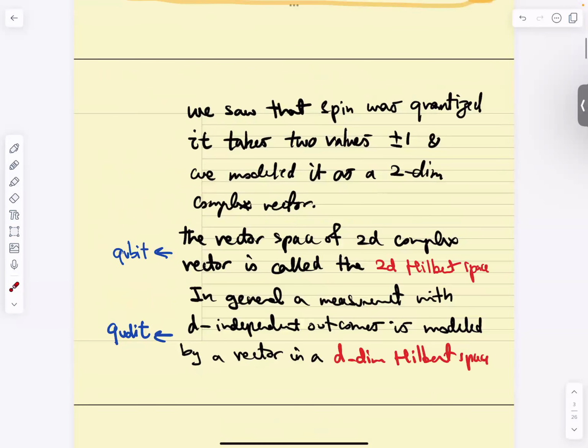So from this, we concluded that we could use the vector representation, the mathematical framework we use to explain polarization, to explain spin. So what is that mathematical framework? We describe polarization by a two-dimensional vector in the xz plane.